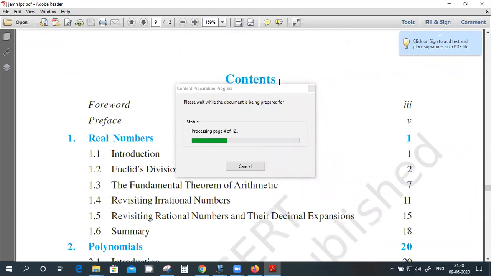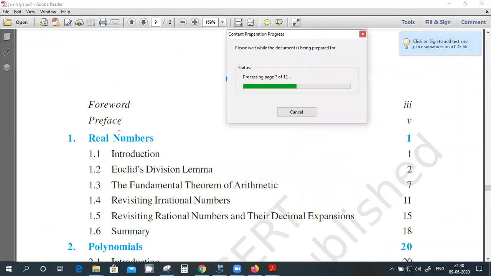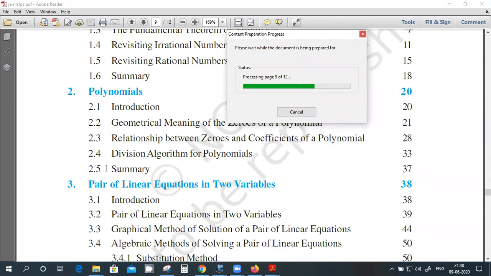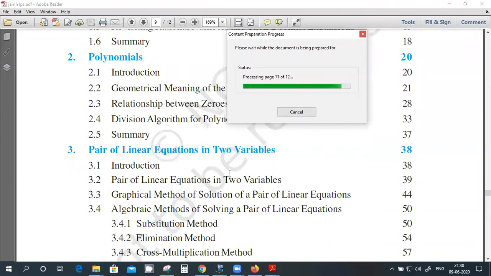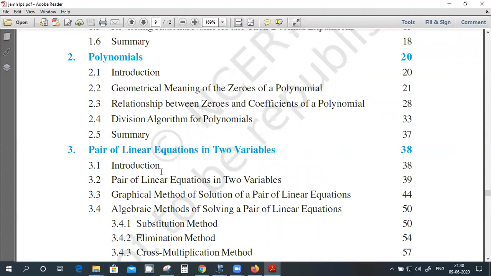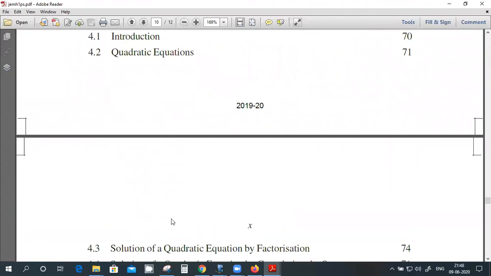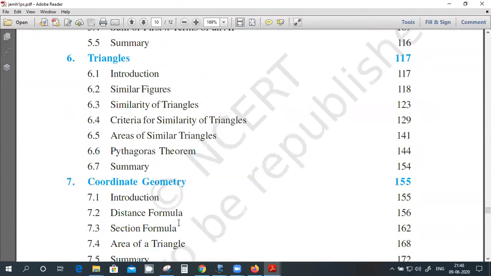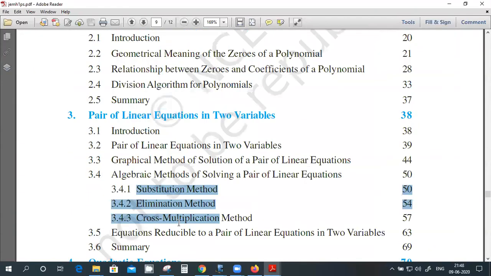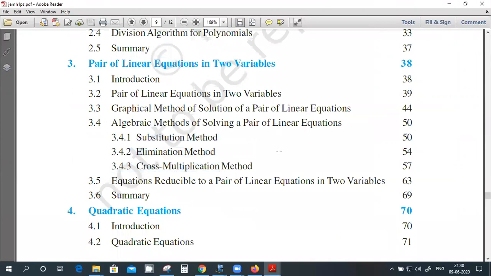They are starting with real numbers, then polynomials, linear equations in two variables, pair of linear equations. Should we start with polynomials and stuff also? These things are new, right? So we'll start with 10th standard then, because otherwise it will be a repetition of the same thing, and if you've already done it, it's just a waste of time.